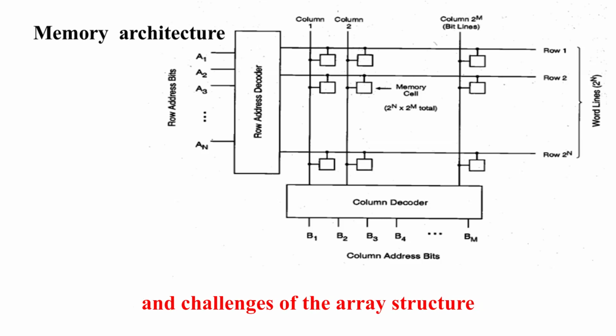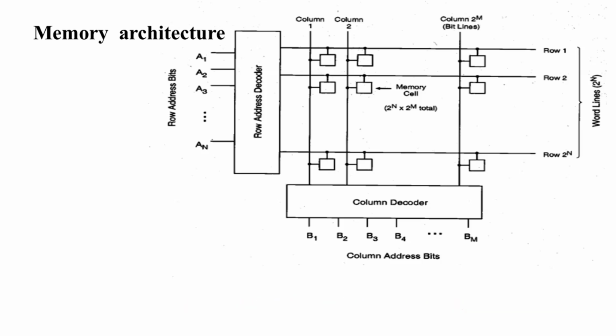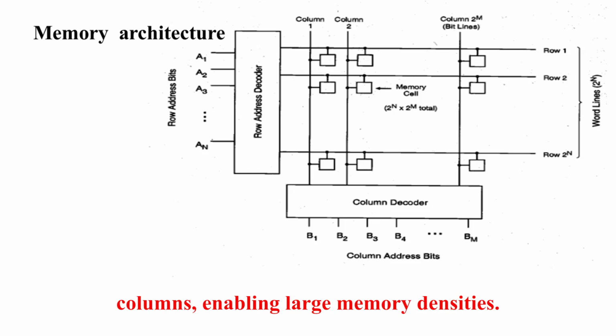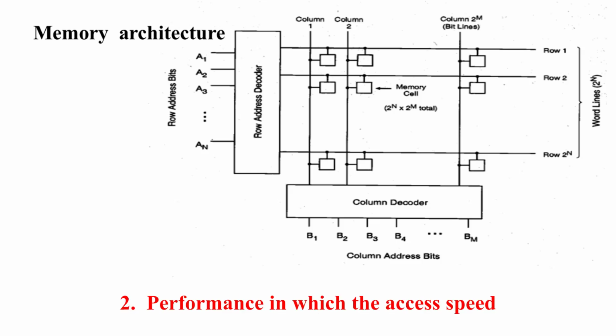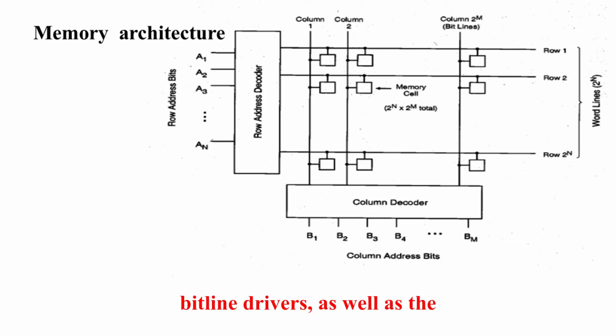The benefits and challenges of the array structure involve: 1. Scalability, in which the array structure allows for easy scaling by increasing the number of rows and columns, enabling large memory densities. 2. Performance, in which the access speed depends on the design of the word line and bit line drivers, as well as the sensitivity of sense amplifiers. 3.